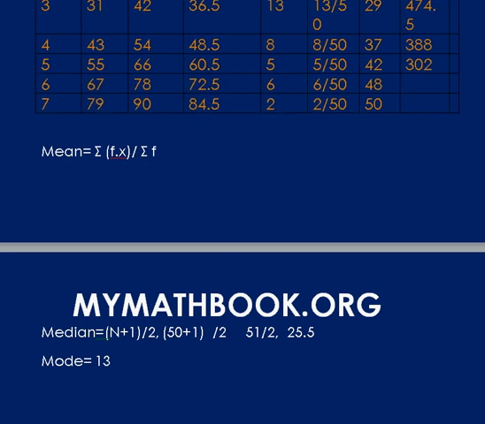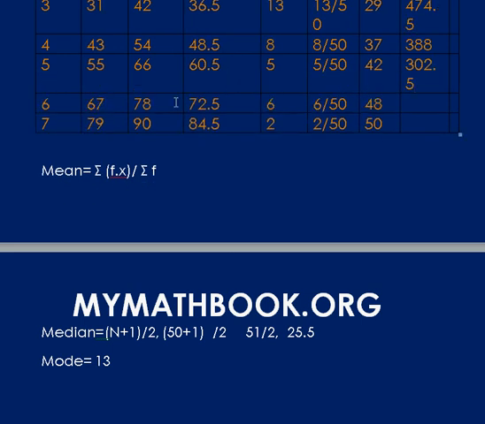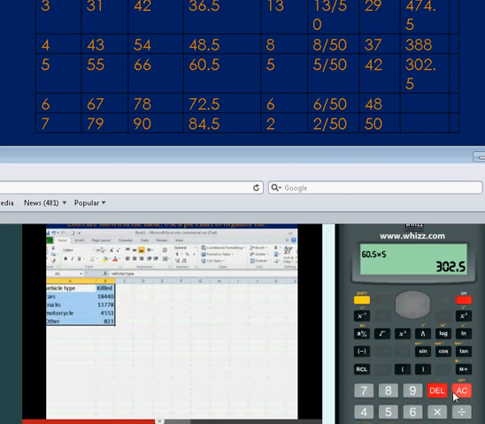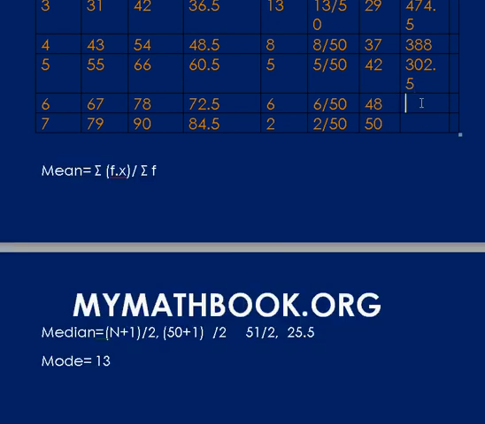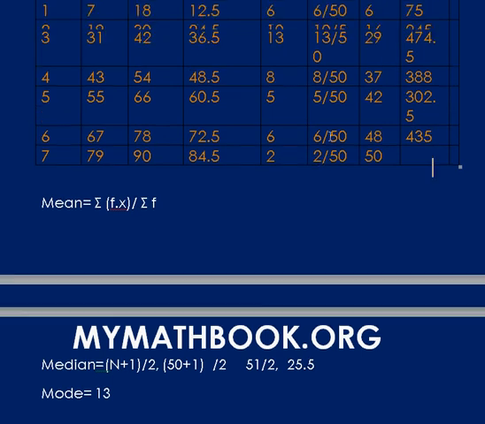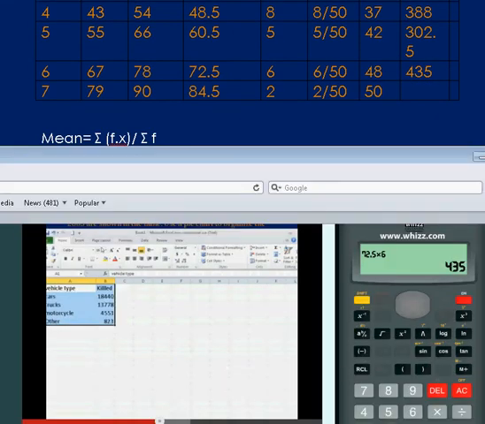And finally, one more thing, 72.5 times 6 is 435. And the last one we have, 2 times 84.5, is 169.